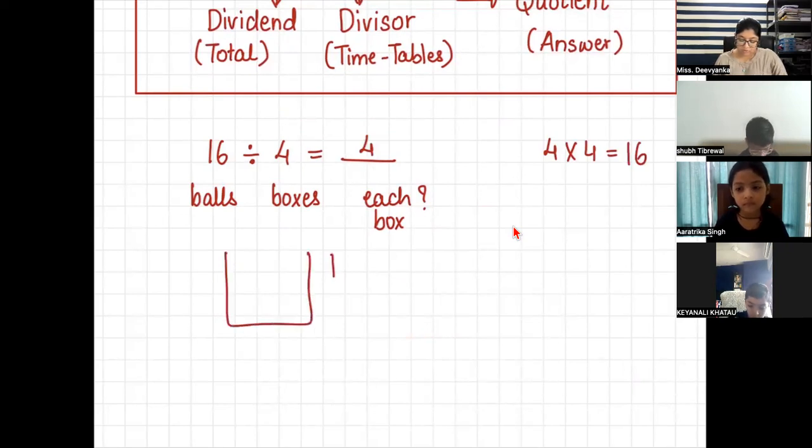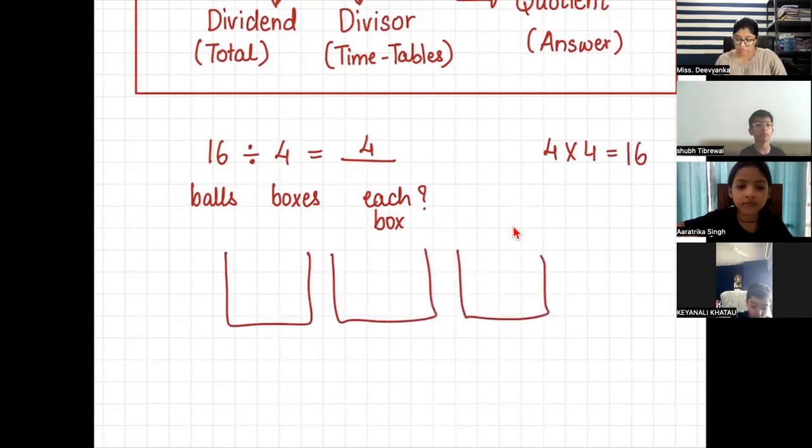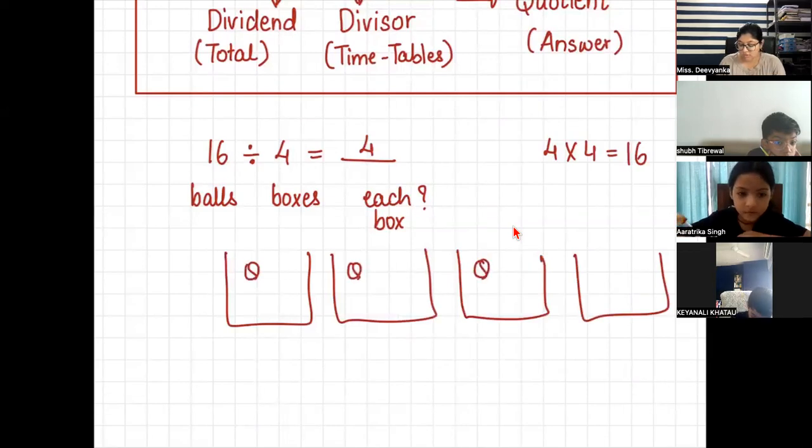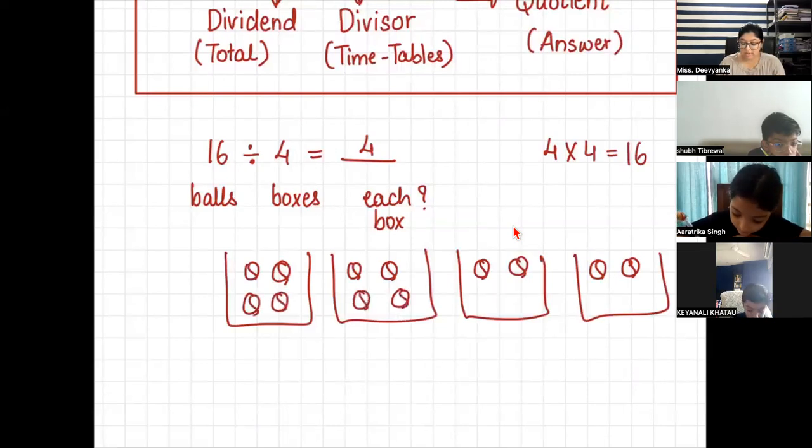Let's say this is box 1, box 2, box 3, and box 4. In these boxes, I have to divide 16 equally. So this is 1, 2, 3, 4; 1, 2, 3, 4, which is 8. And now again, 8 more, correct?